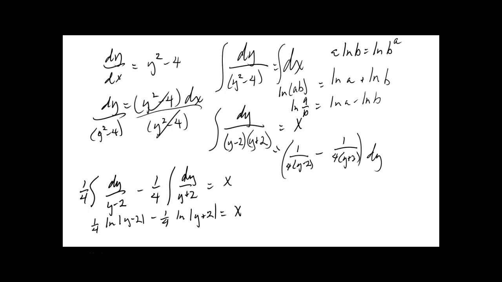Basic properties of logarithms. Now, what if you had log of A times A, not A times B? What would this be? Log of A plus log of A. Right.